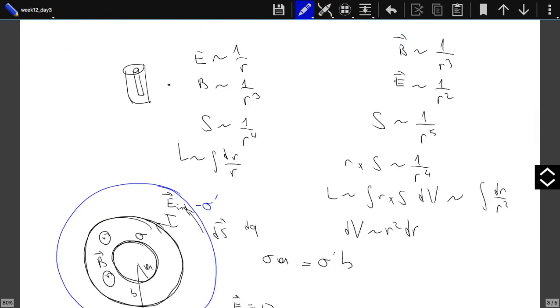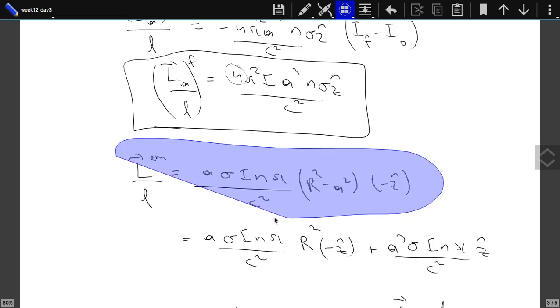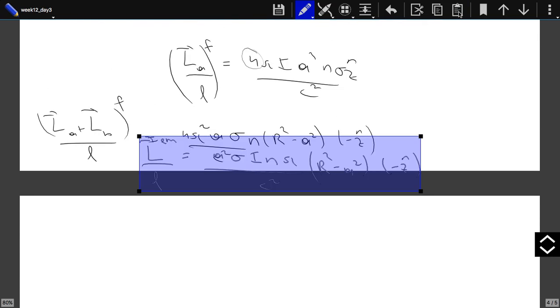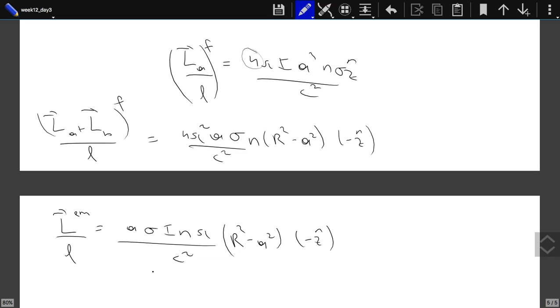Now let's compare this with the angular momentum of the electromagnetic field. Let me write this in this form, 4 pi times pi. There's an I. Besides this factor 4 pi, they are equal now.